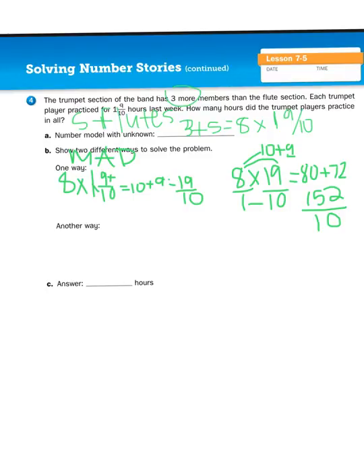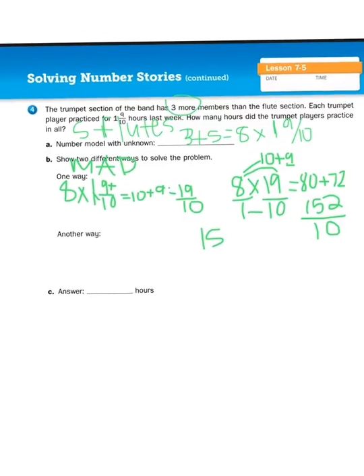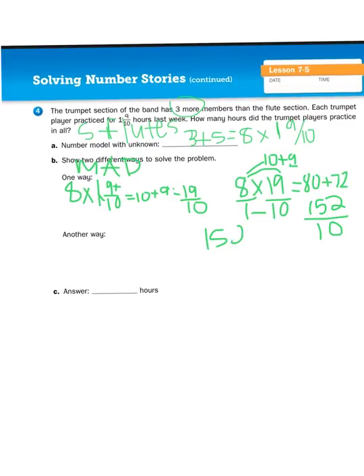So we're going to divide 152 by 10. So I'm going to think about math facts that I know. I know 10 times 10 equals 100. And that's close to 152 without going over it.